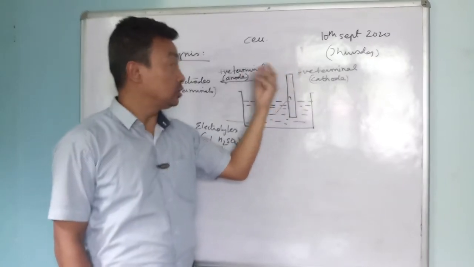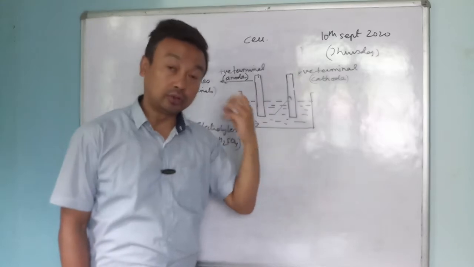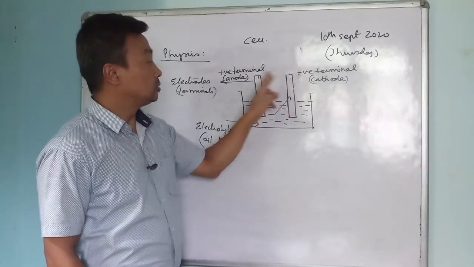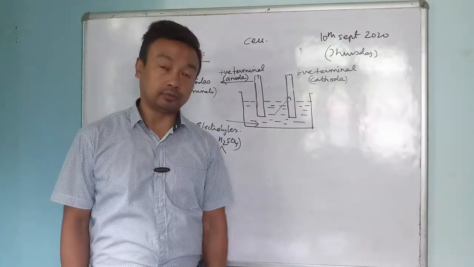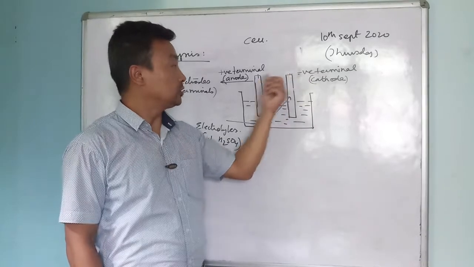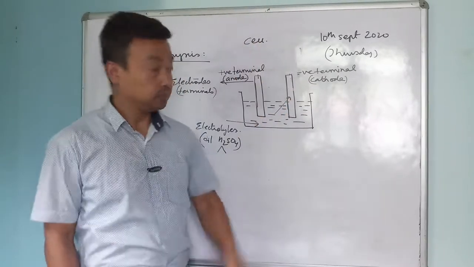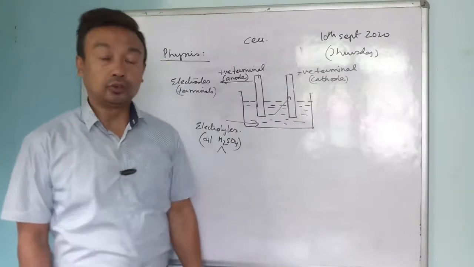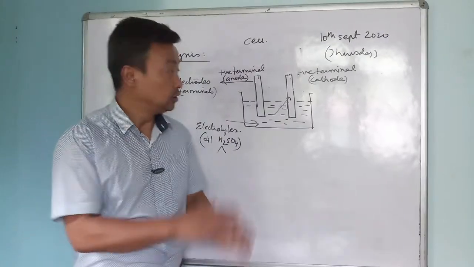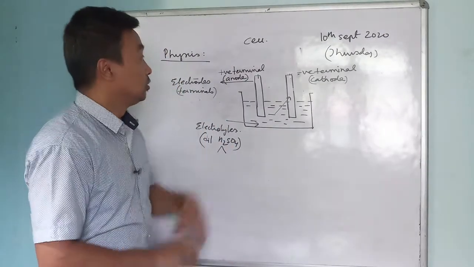When there is a continuous flow of charge, that means a potential difference is maintained here. And as long as the potential difference is there, the current will be drawn out from the cell. That current will be used for various purposes. Alright, so that is the basic idea of a cell.